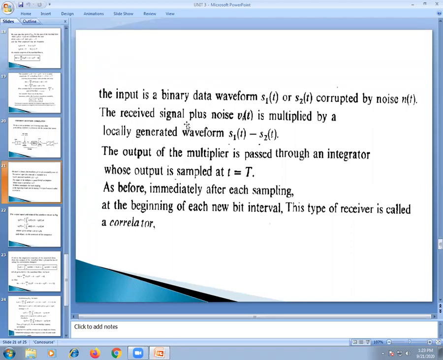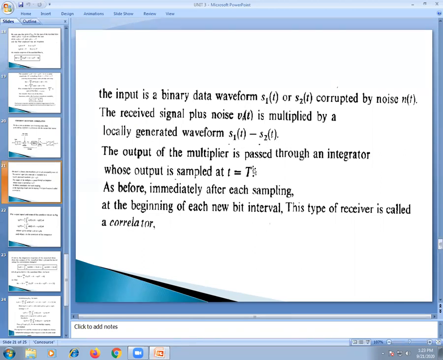The received signal plus noise is Vi of t. The input signal is multiplied by a locally generated waveform, that is the difference of the signals, S1 of t minus S2 of t.